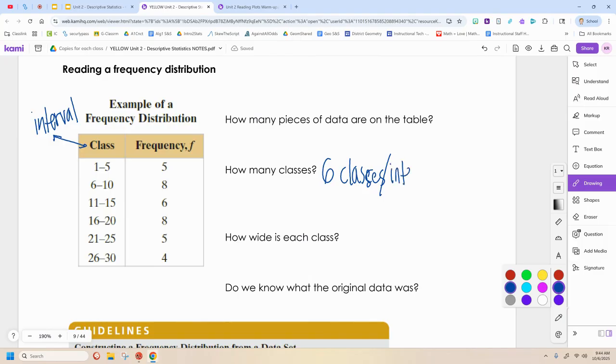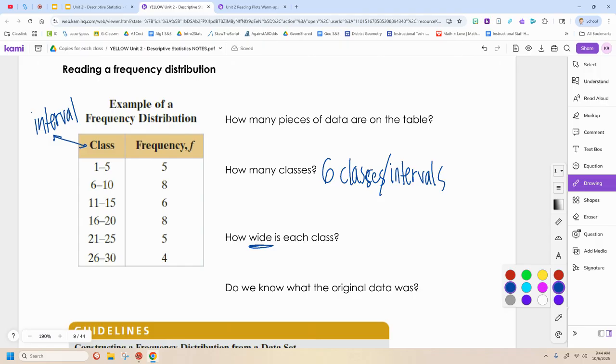AKA intervals. Now, when we talk about how wide a class is, it's like how many pieces of data, what numbers can go in there. So if you use subtraction, what's 5 minus 1? 4, right? But if I count 1, 2, 3, 4, 5, how wide is my class? 5.